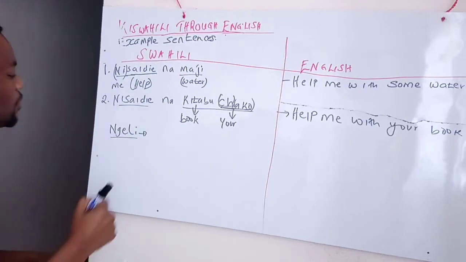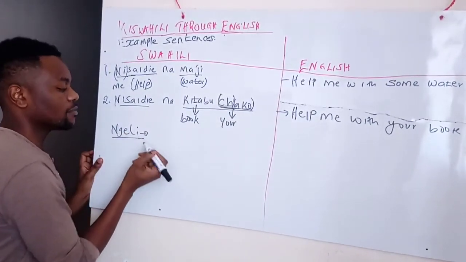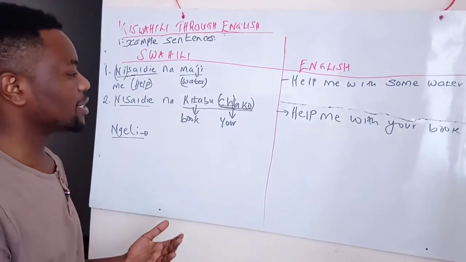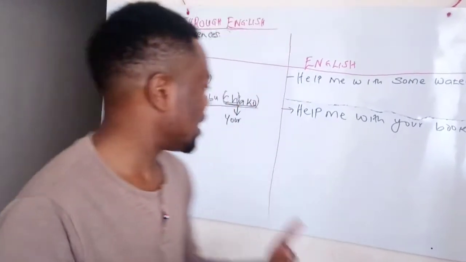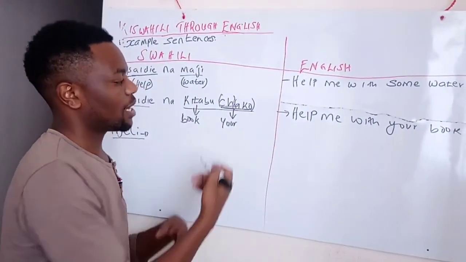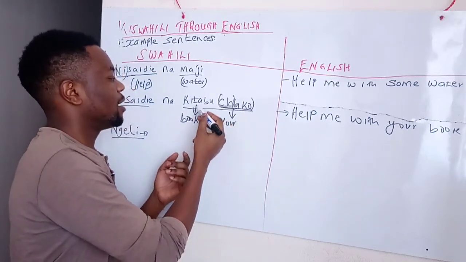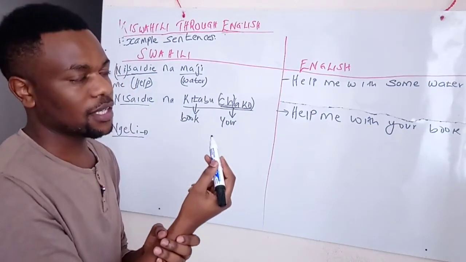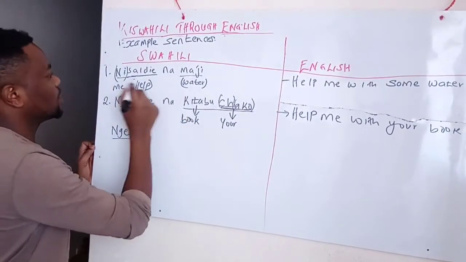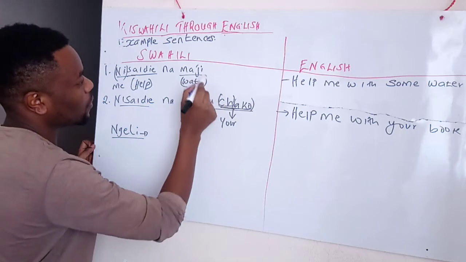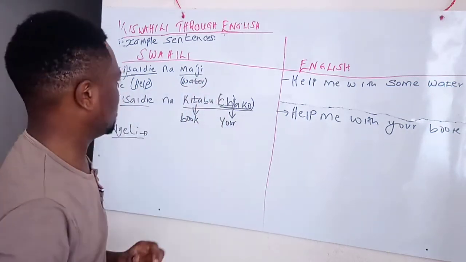So let me give you an example. About ngeli, that's a bit advanced. I just mentioned it such that as you advance, at least you get some ideas that it's not right to say... A good example is maji chako. Assuming here we wanted to say we are borrowing some water from someone.